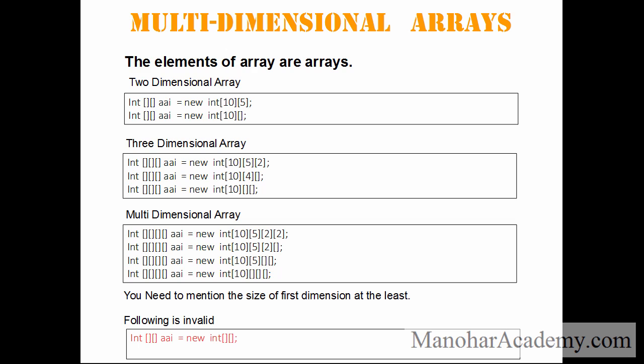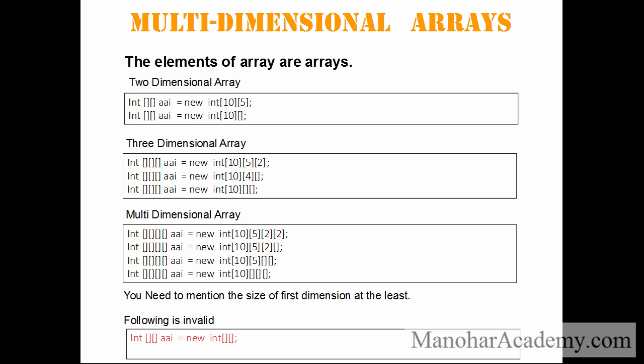Because the elements of an array can themselves be arrays, we can have multi-dimensional arrays. Java supports multi-dimensional arrays in this way. So here we have a 2-dimensional array, a 3-dimensional array, even a multi-dimensional array.